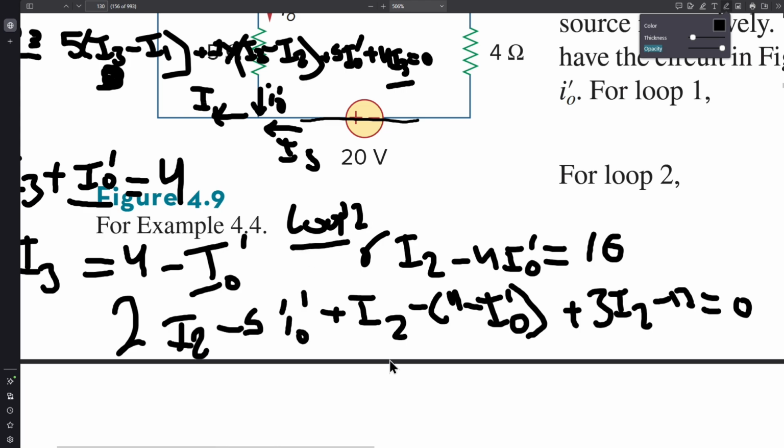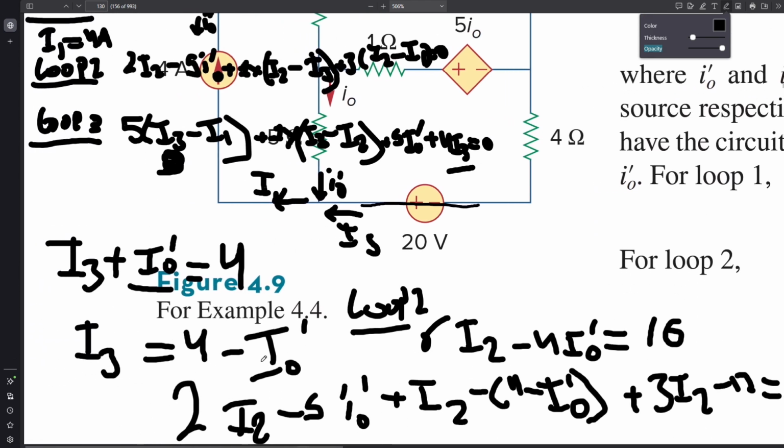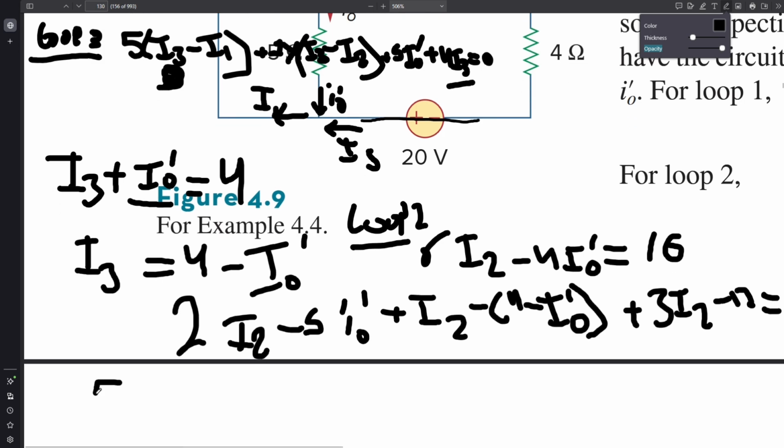Now for loop 3, you also do the same thing. Replace I3 with all the I0 dashes you can find. So it will be like this. 5 times I3, which is 4 minus I0 dash. And then negative 5I1. I1 is 4, we can replace that later.